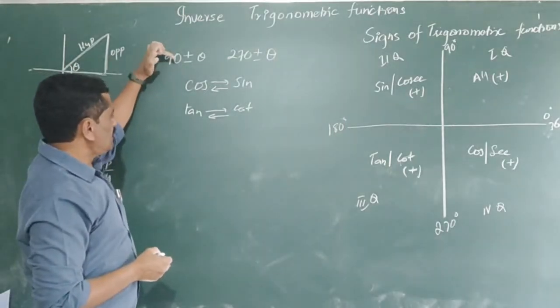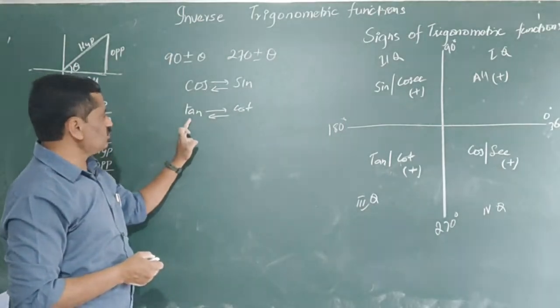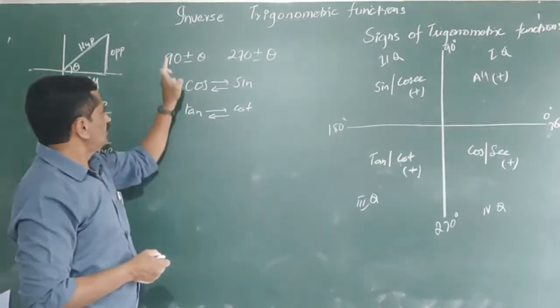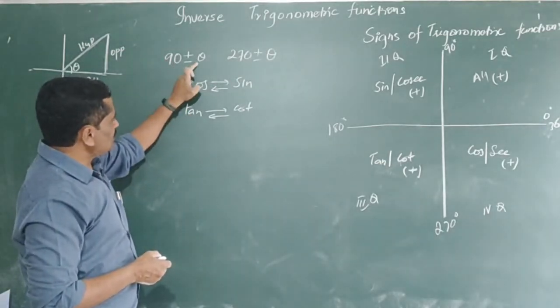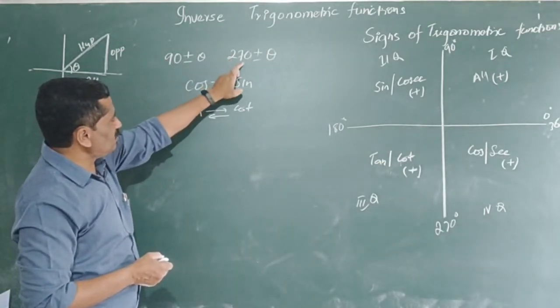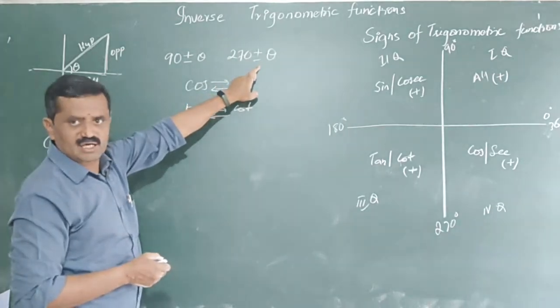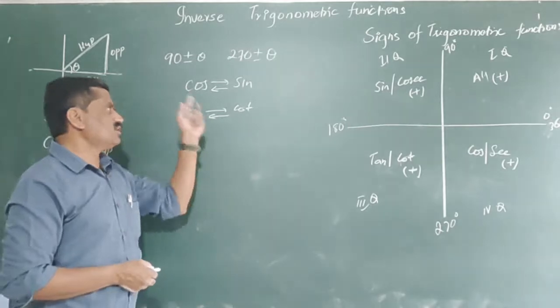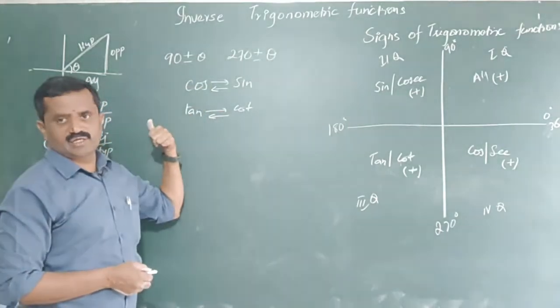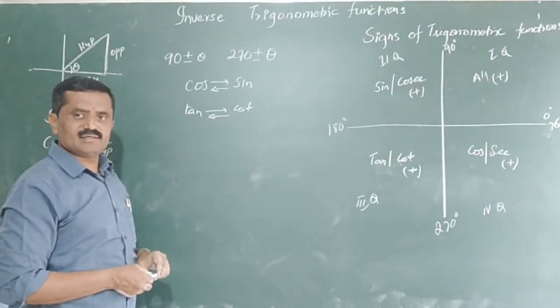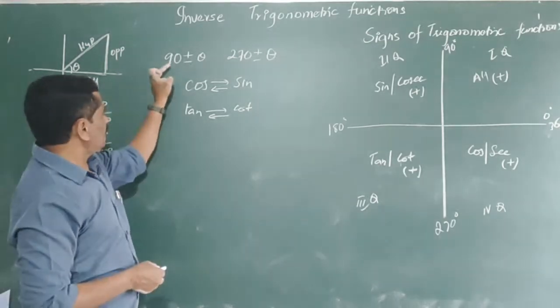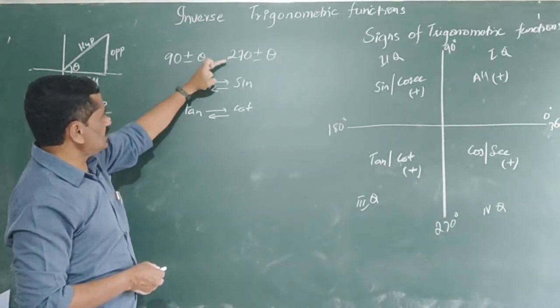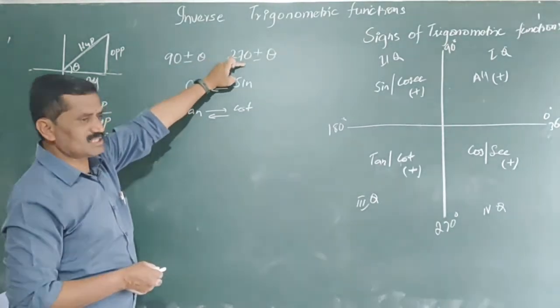Again, you have to observe in which quadrant 90 plus or minus theta, as well as 270 plus or minus theta, lies. According to that, you have to determine the sign. So you have to determine the sign by observing 90 plus or minus theta, 270 plus or minus theta.